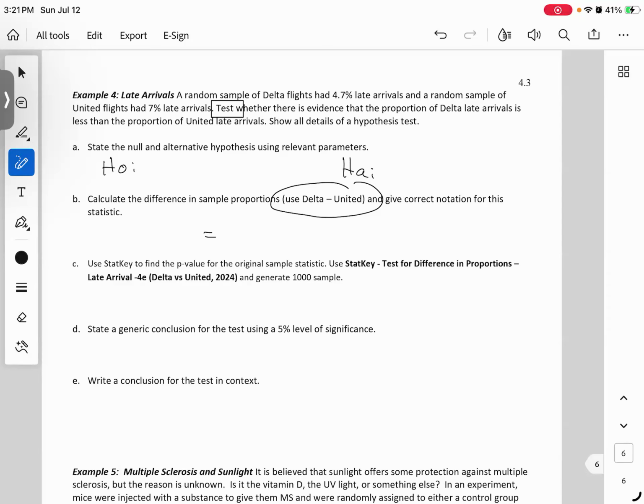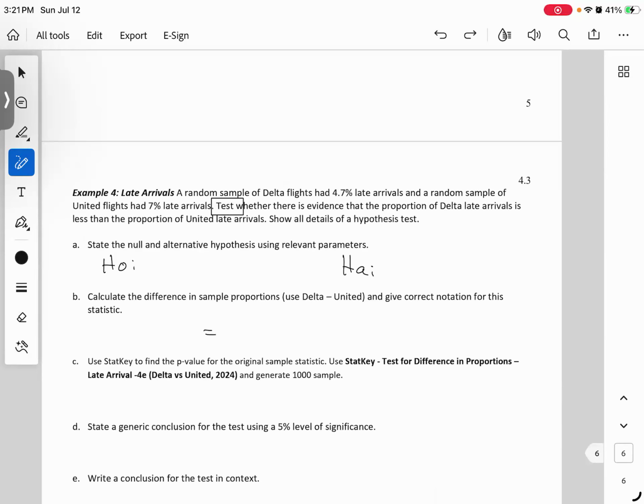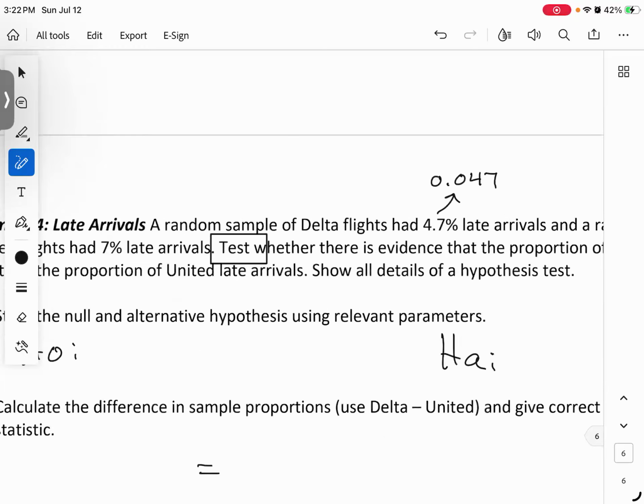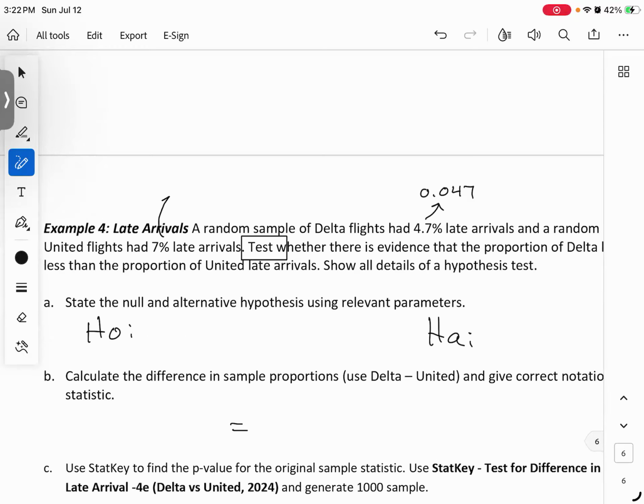But what I would recommend whenever you do the proportions, go and switch them to just regular decimals, which would be divide by 100.